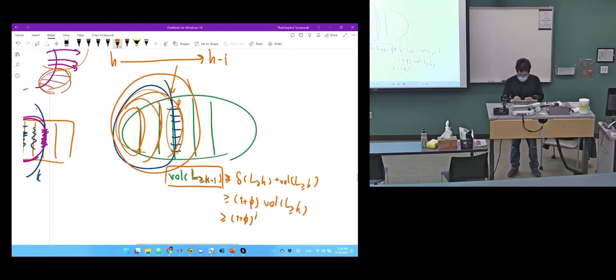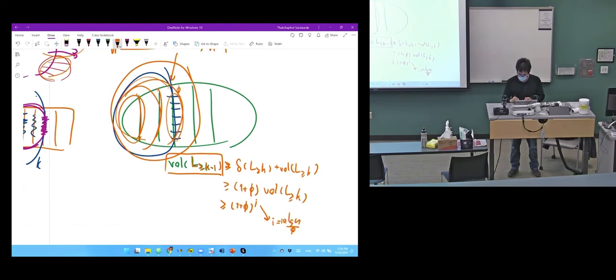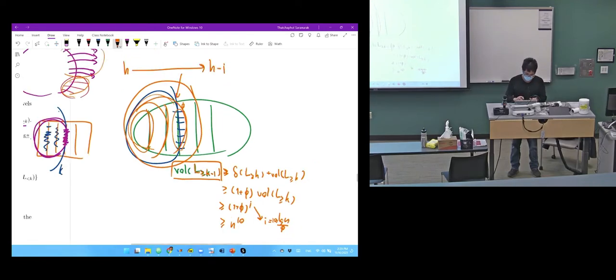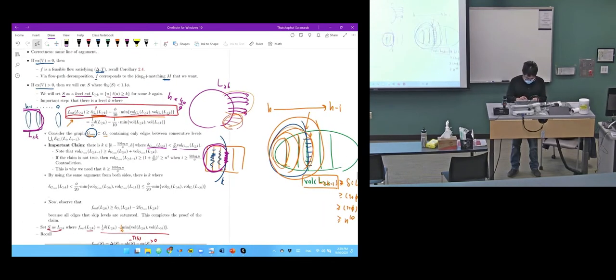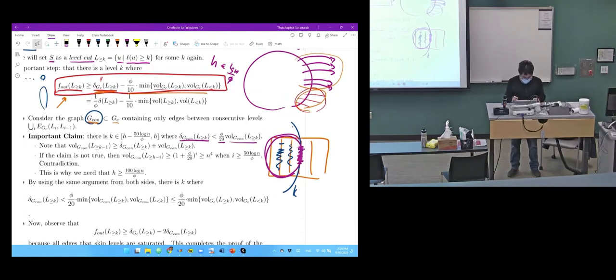But if you set i to be something like 100 log n over phi, this is going to be already like n to the 10. But then that's a contradiction already, right? So that is why, if you look into this graph G-con, there must exist a level which is sparse.